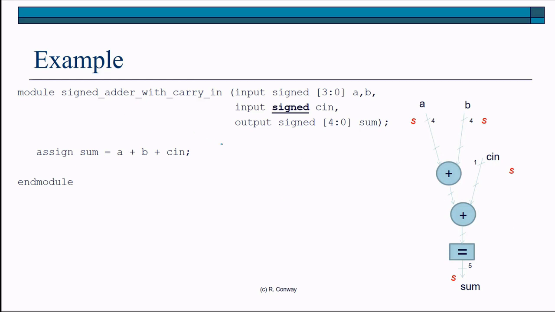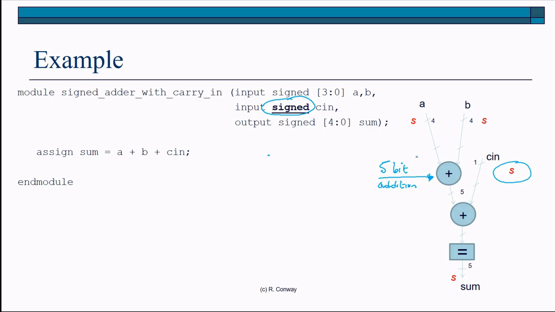Let's have another go at modeling our signed adder. This time we make a small change. We change Cn to signed. So let's see what happens in that case using the same values. So now Cn is signed. We start with this add operator. We see that the output will be a 5-bit output. So we have a 5-bit addition. It's context determined.